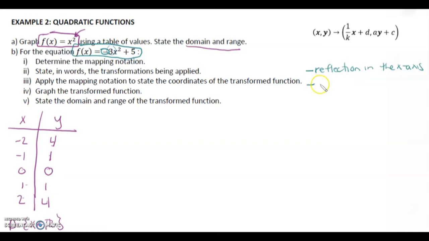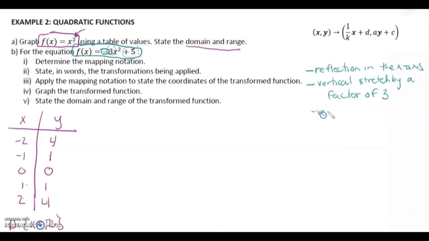This 3 means vertical stretch by a factor of 3. And this 5 means up 5 units.